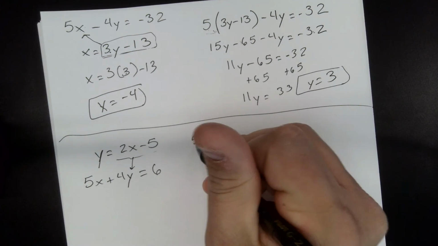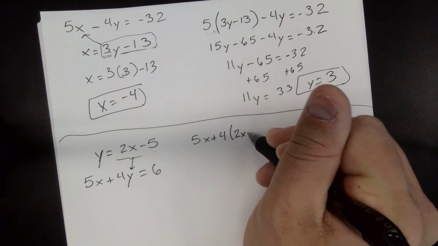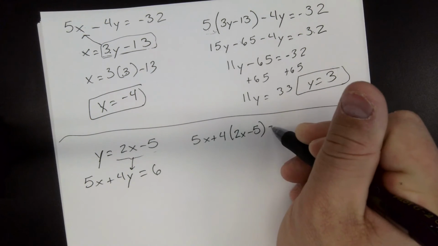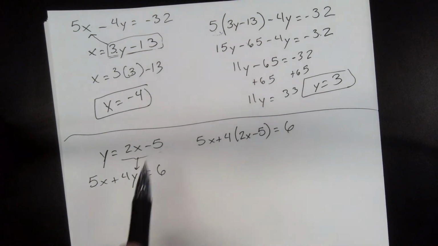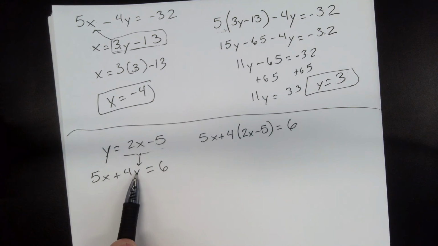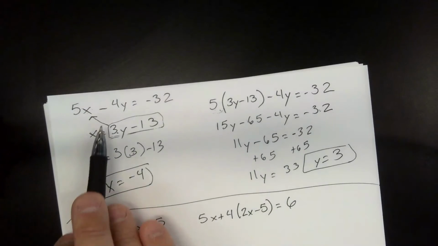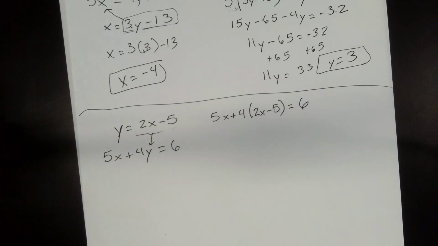So it's going to look like this: 5x plus 4 times (2x minus 5) equals 6. Look, because y equals this, you're going to plug it into y. Up here, if you remember, x equaled it, so we plugged it into x. It's whatever is equal to it.